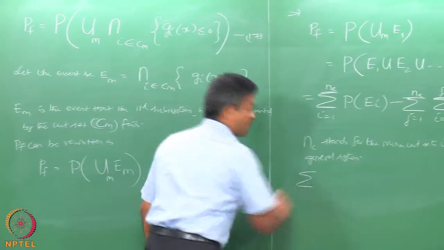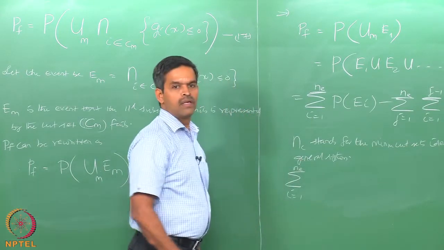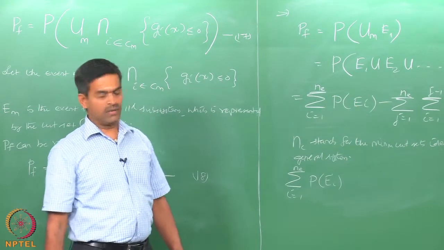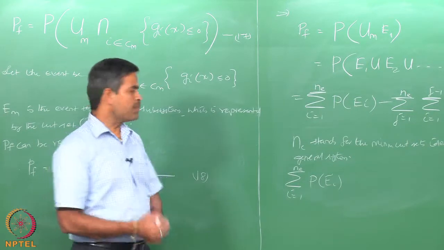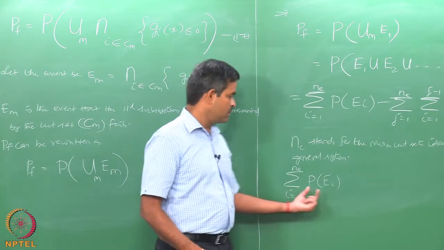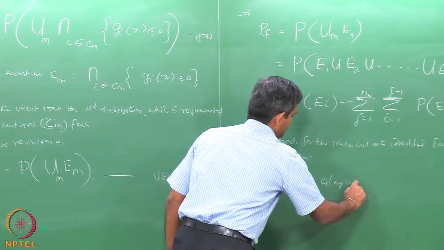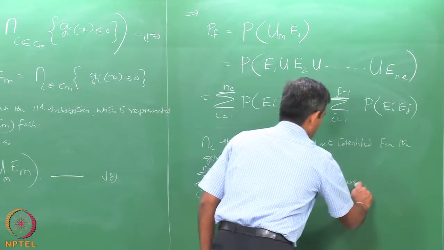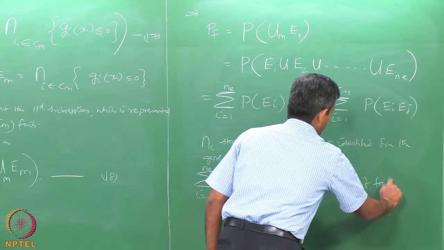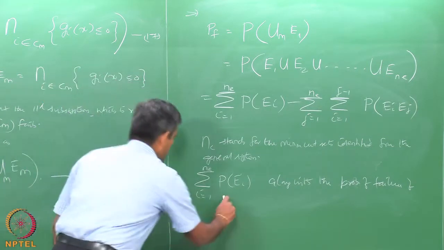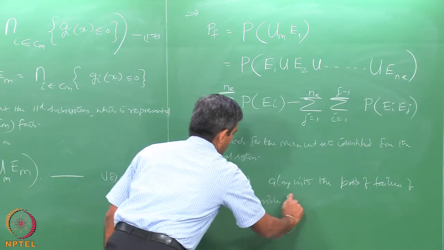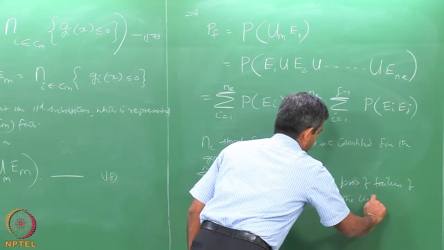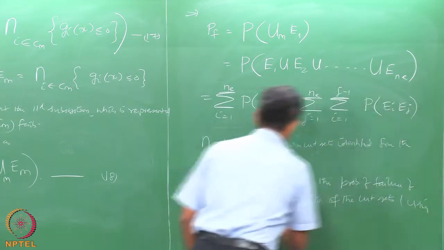Let us say summation of i equals 1 to NE probability of Ei, along with the probability of failure of every possible intersection of the cut sets identified, of course using appropriate sign.